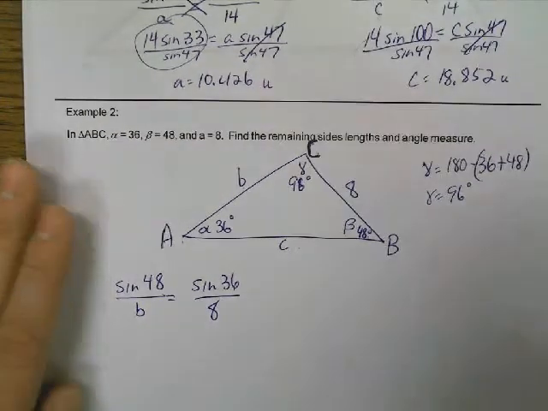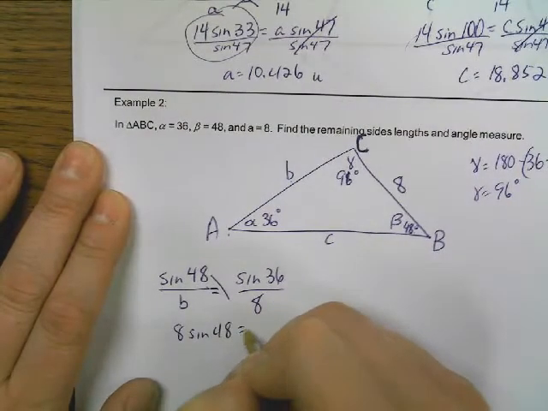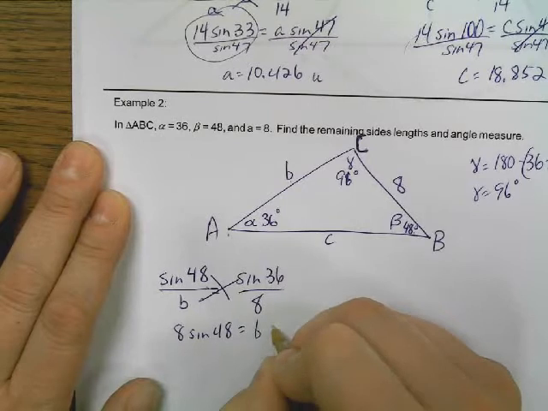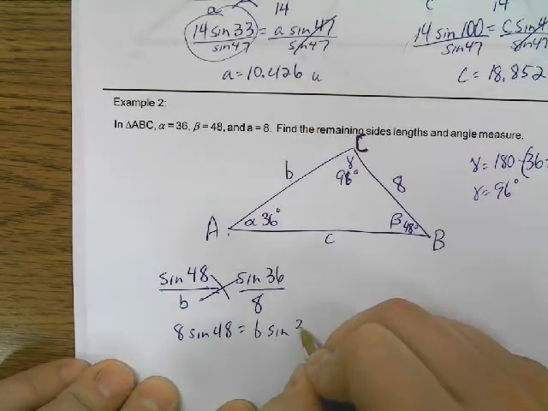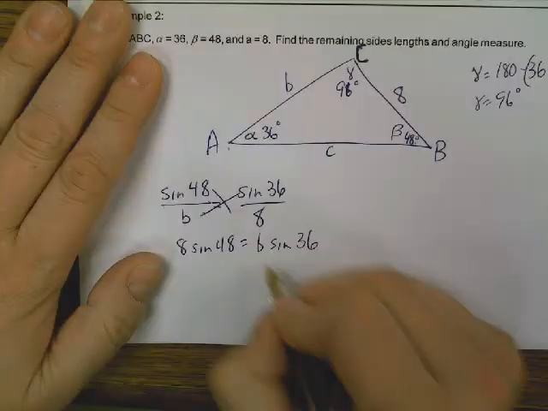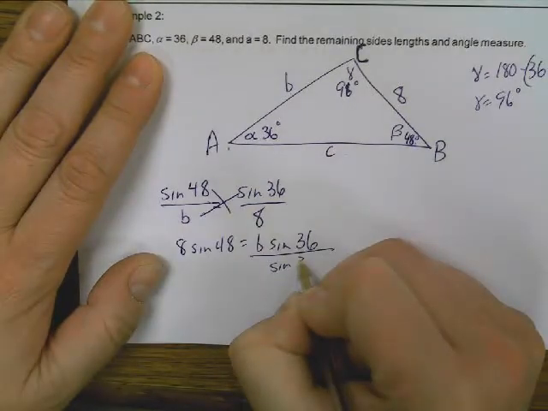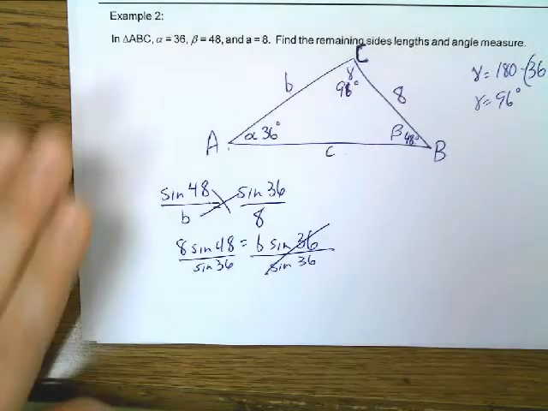All right, cross multiply and you get 8 sine of 48 equals B sine of 36. We're solving for B, so we're going to divide both sides by the sine of 36. And that's going to go to 1.